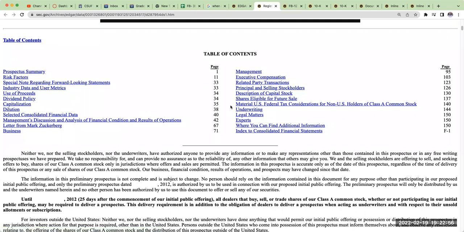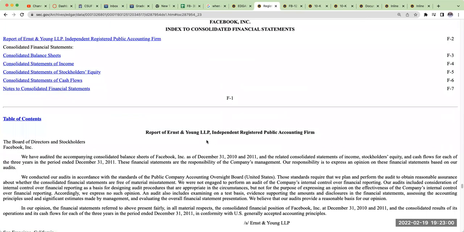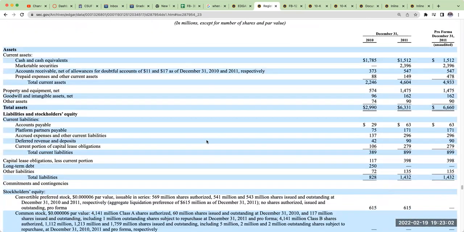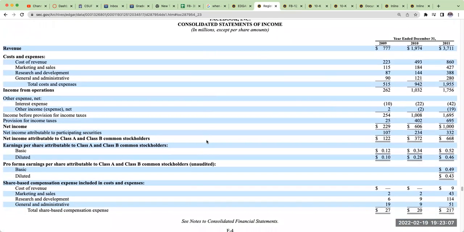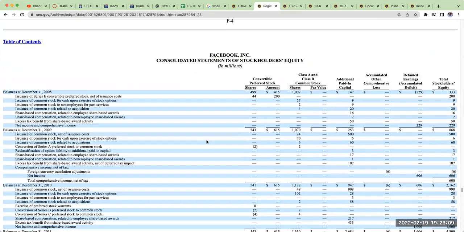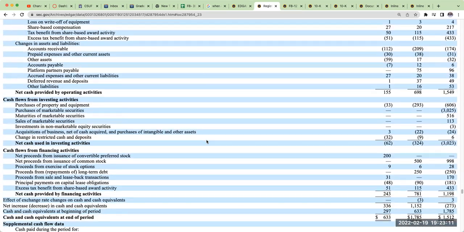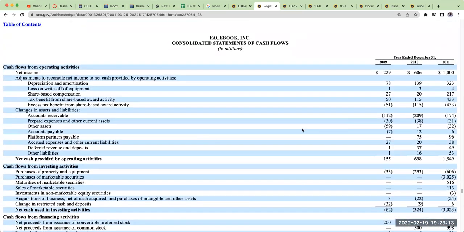Rather, in the registration statement, we want to go to the index of the consolidated financial statements. So what we want to do here is try to find more information on past years. And over here, I'm starting to see some familiar numbers.